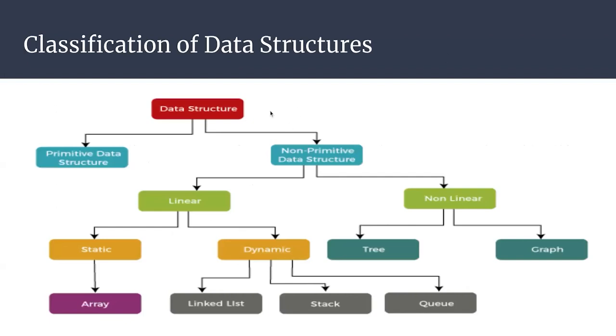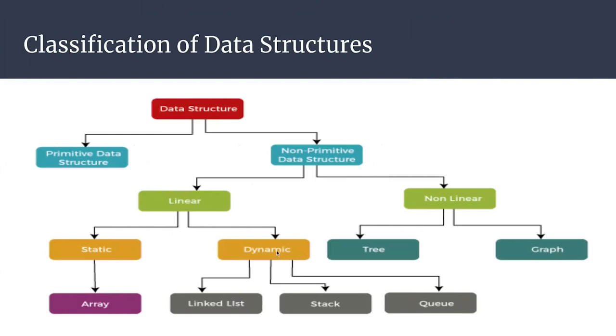So if you see here, the non-primitive data structures are linear and non-linear, and linear can be of two types: static and dynamic. Static, as in array. What do you mean by static? That it can't be changed once you have initialized it. You can't change the size of that initialized array, right?